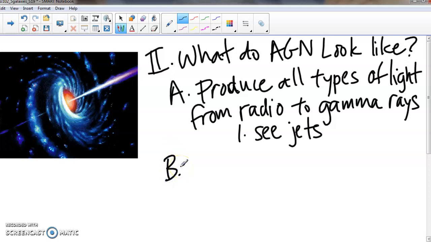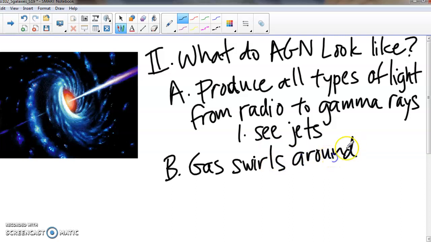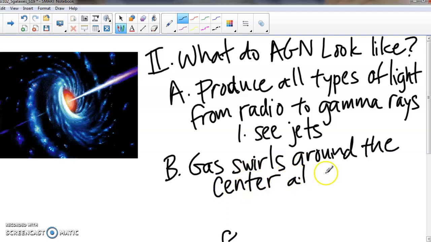Okay. We also see gas swirling at high speed around the center. So gas swirls around the center at very high speed.